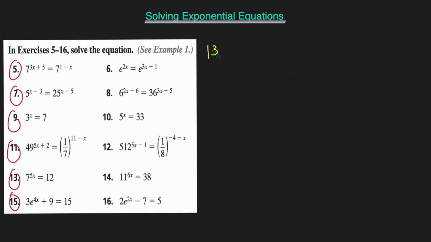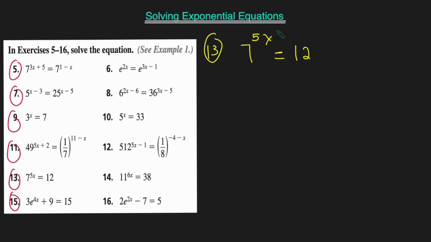Problem number 13. 7 to the 5x equals 12. Now, looking at it, I see that the 7 and the 12 have no relationship between each other, and I cannot convert either one of them. So I will have to use the inverse property of log.